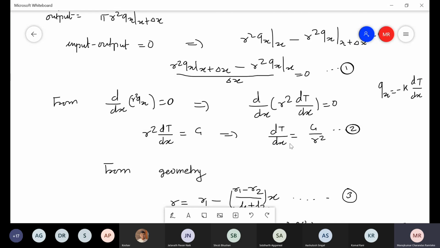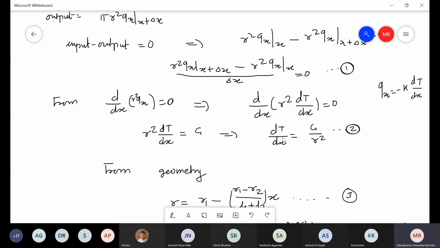Flux. And flux into area at any location is going to remain constant because Q is going to remain constant. Whether I am looking at the Q at the right hand side or on the left hand side, capital Q is going to remain constant, but small q, the flux, is going to change, isn't it? But that flux multiplied by area, that total multiplication is going to remain constant, isn't it?